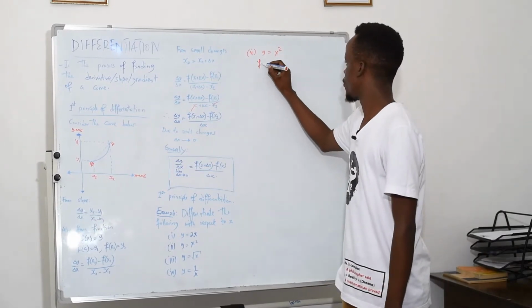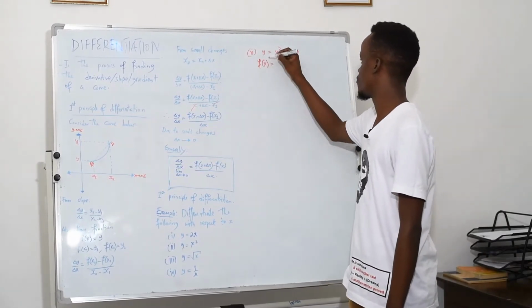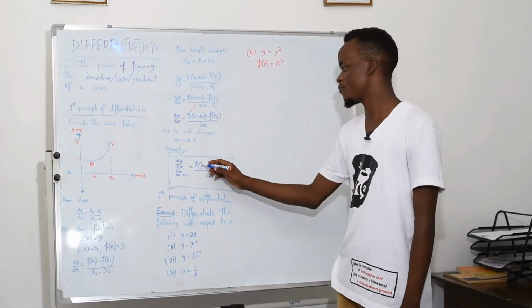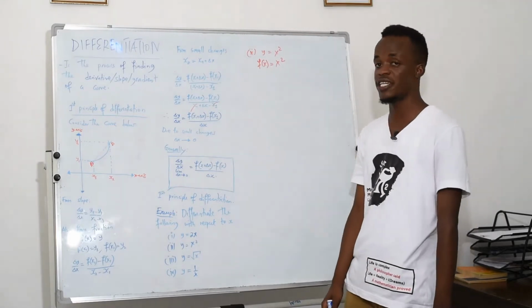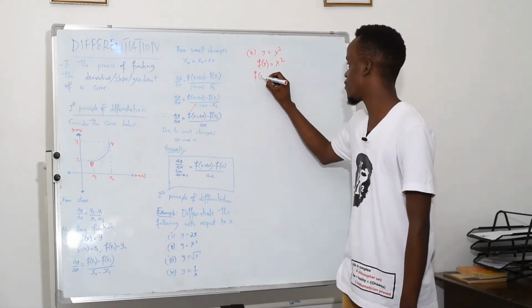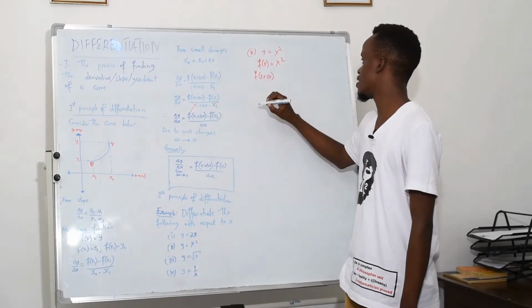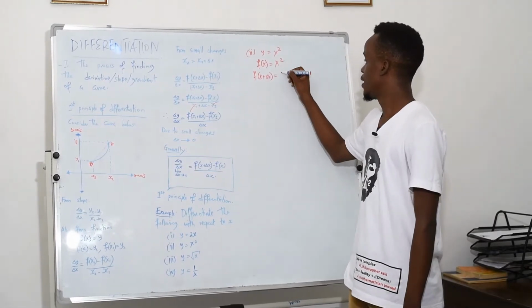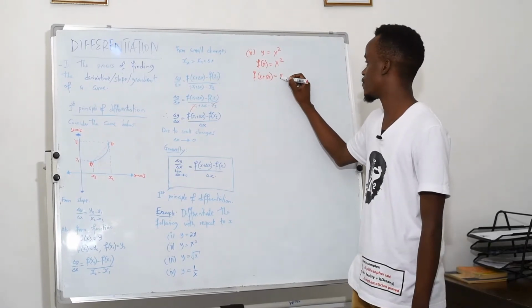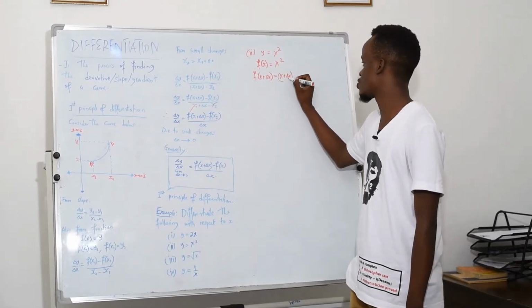Therefore, y equals the function, f of x is equal to y, so you'll have x squared here. Again, from the formula of the first principle of differentiation, you have f of x plus change in x. You substitute x plus change in x where there is x, therefore you'll have x plus change in x, bracket squared.